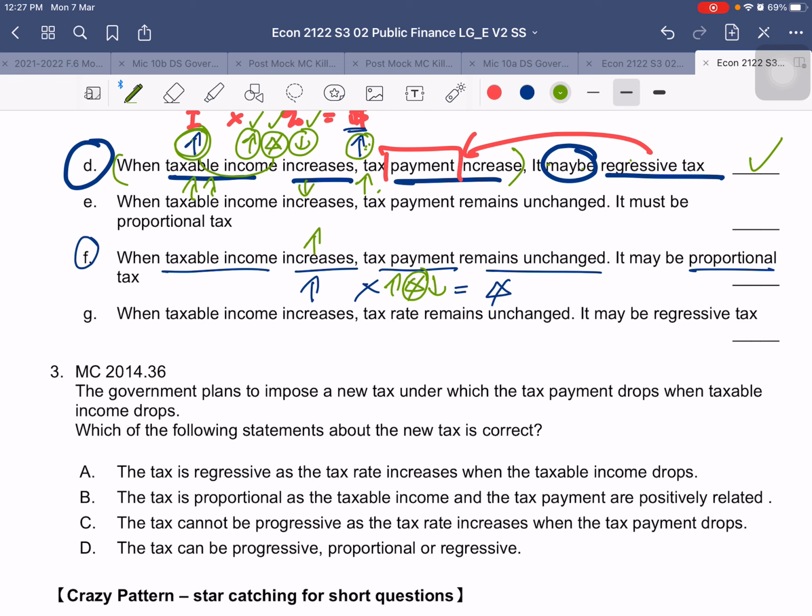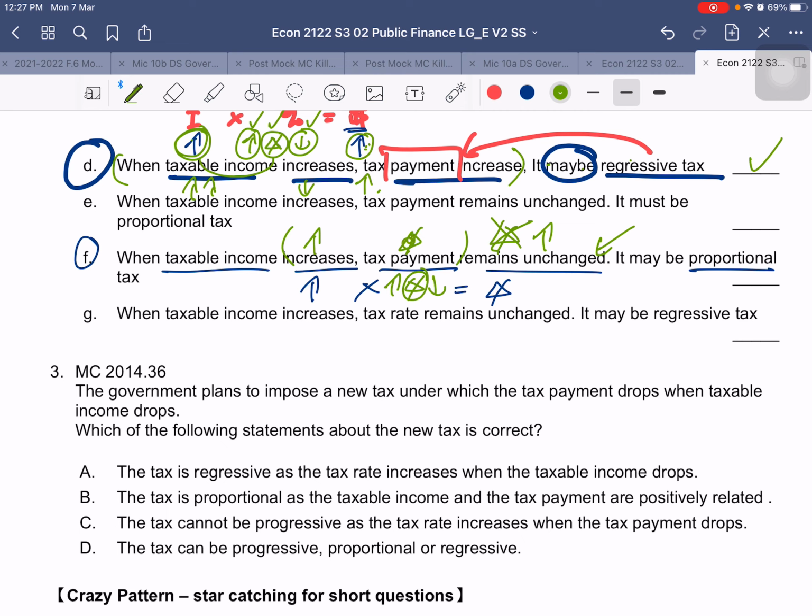So with an increase in income and an unchanged tax rate, does the tax payment remain unchanged? No. It should be increased, right? So actually, if it's proportional tax, the tax payment has to increase. It's impossible to remain unchanged.